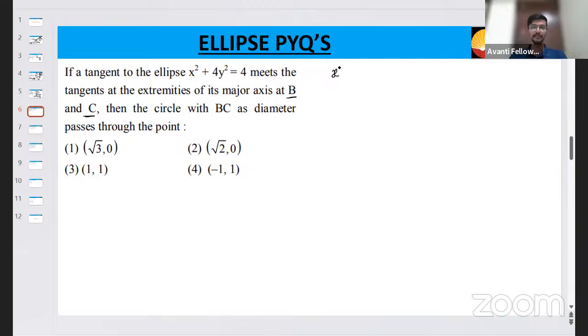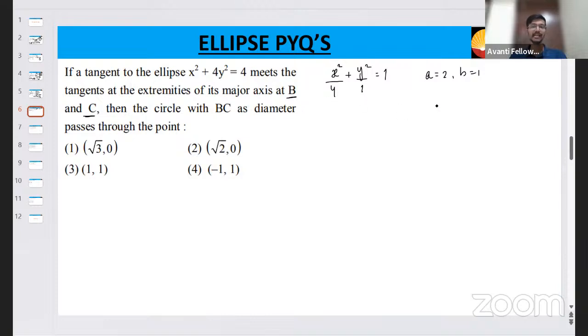So let's write the equation of the ellipse in standard form. It will be x square upon 4 plus y square upon 1 is equal to 1, right? So that means a is 2 and b is 1. Now here, tangent to the ellipse.